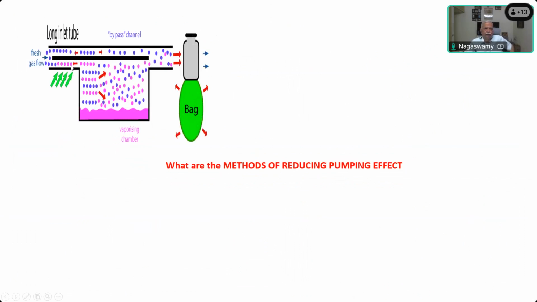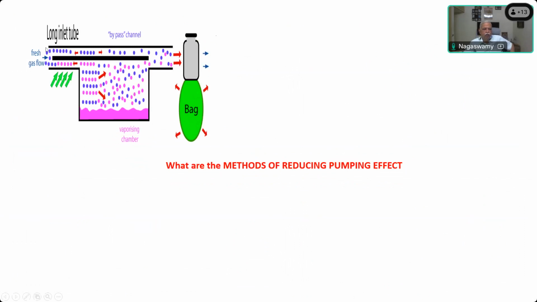If the tube is long, then there is not much of the gases that can go in. As I showed you in the earlier picture, the arrow mark was going curving up into the mixing area. Whereas if you have a long tube, it will partially go into the inlet tube, but then the next flow will push it back and it will have to come out only through this.